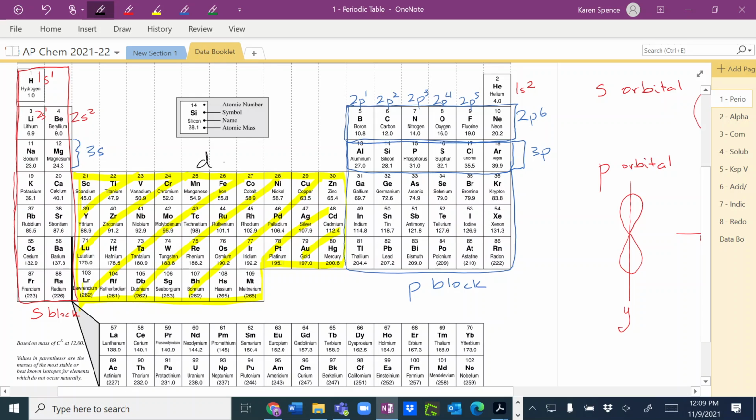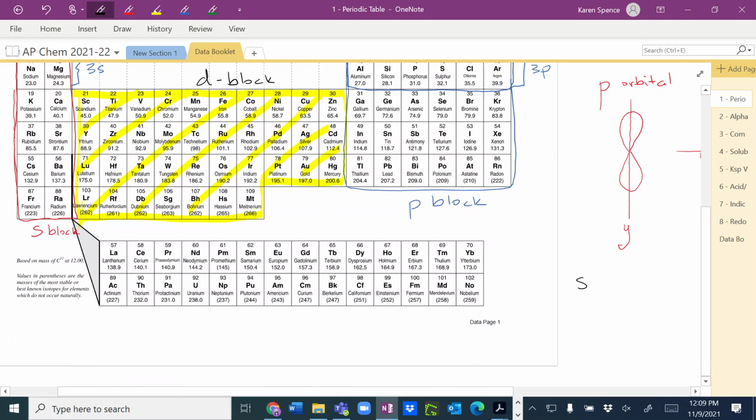So that's the D block. And if you have trouble remembering the order they go in, it's S, P, D. Do you guys remember the last one? F, because speed is fast. Yes? S, P, D, F. Speed is fast. So we have the D block.